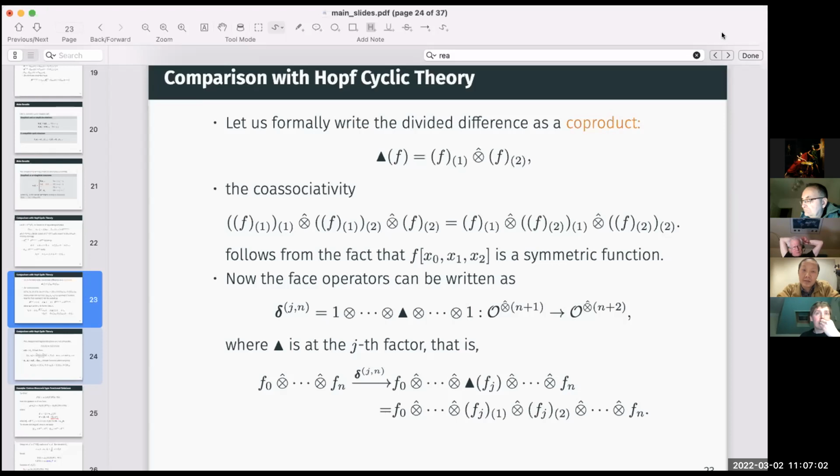if the derivative appears, maybe it will be some distribution. It's not like a delta functional concentrated at the neutral element. Maybe it's some combination of derivatives of this delta. Yes, indeed. So maybe this co-unit would be some distribution.